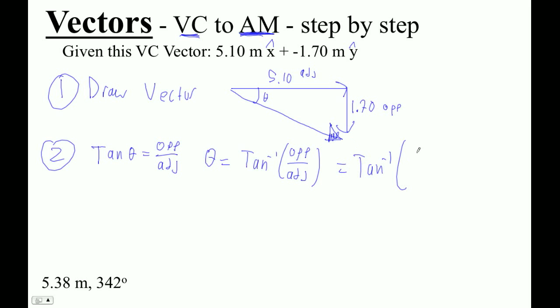So you go second tan, right, of 1.7 divided by 5.10. Now, I'm not putting the minus sign in there because I don't need to, okay? So I'm going to go second tan of 1.7 divided by 5.1, and then right parenthesis, and I get 18.435 degrees.